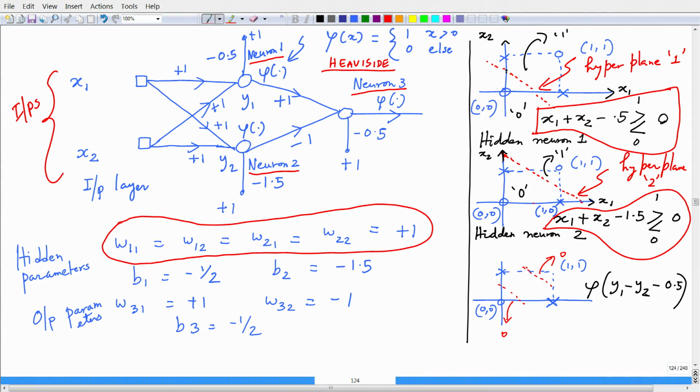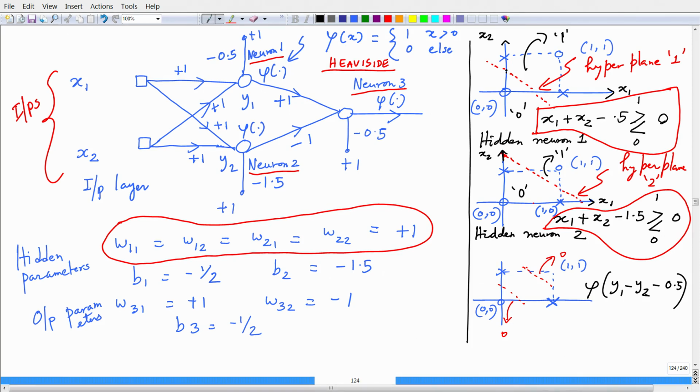That means it gives a result 0 for the data point 0 comma 0, and for all the other data points it is going to be 1. Similarly, the second hidden neuron gives an output of +1 for the data point 1 comma 1, and for all the other data points it gives a value of 0.